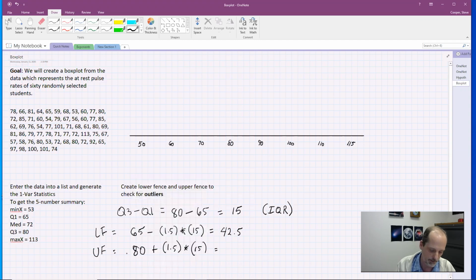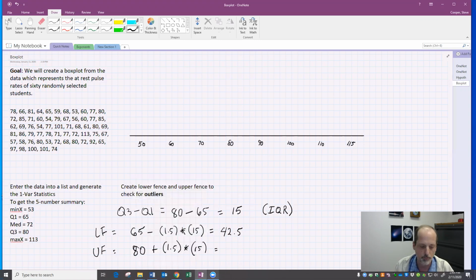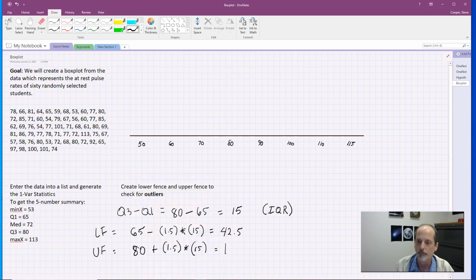Okay, so real quick, 80 plus 1.5 times 15, 7.5, 102.5. Okay, when we look at the minimum value of 53, we can see there's no outliers here.